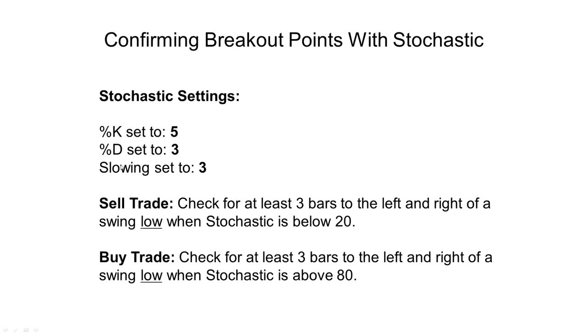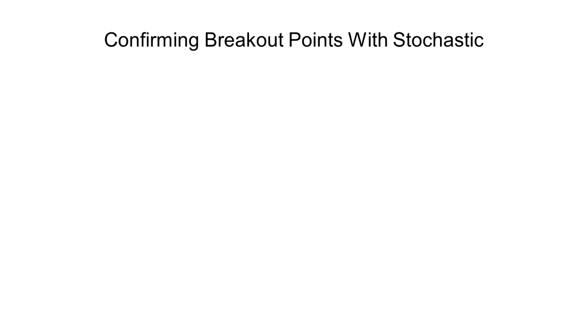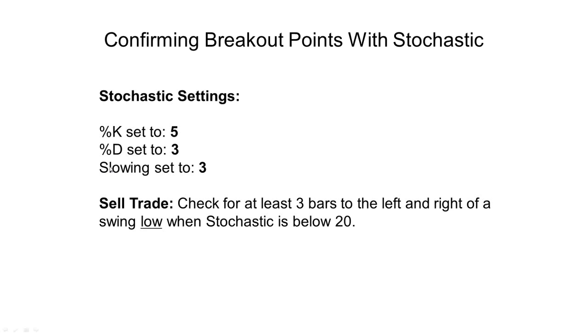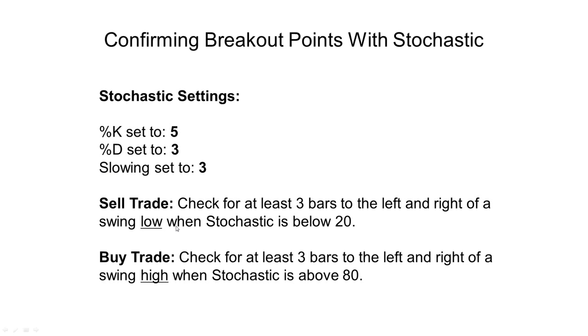There are many ways you can do this, but I'm going to show you today how to do it with stochastics. The other direction, for a buy trade, is exactly the same, just flipped. It's going to be using the swing high. So you're going to check for at least 3 bars to the left and right of a swing high.